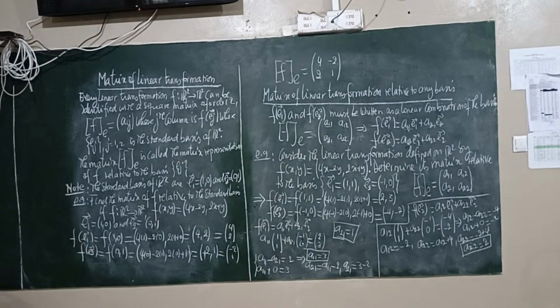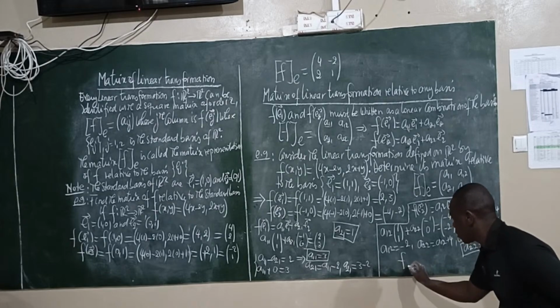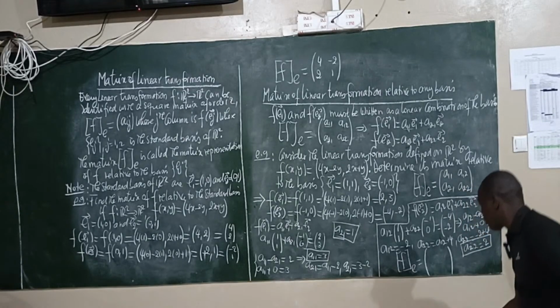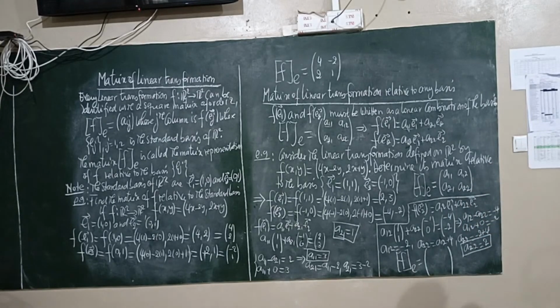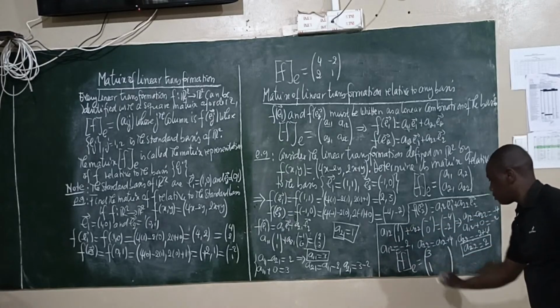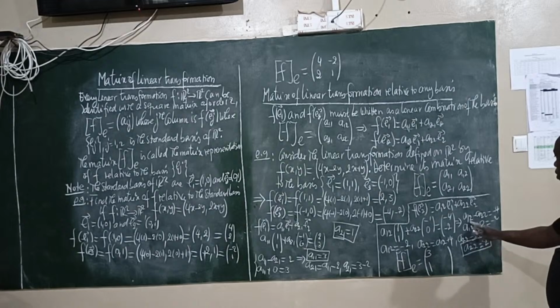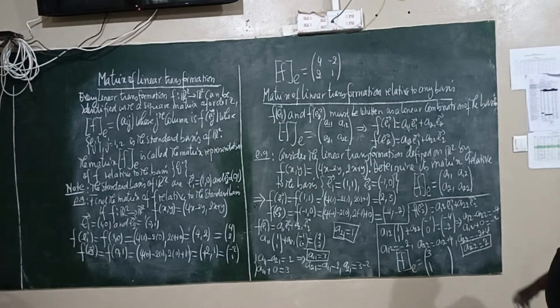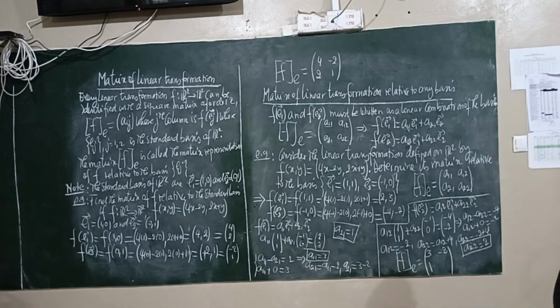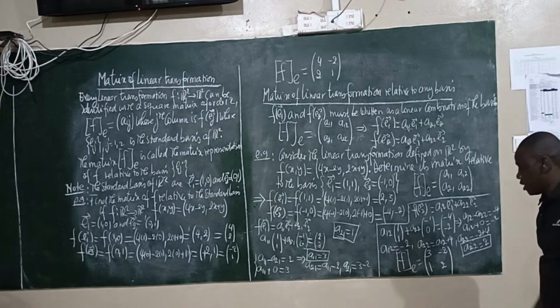Okay. The matrix representation of F relative to the basis will be given by our A11, which is 3, our A21, which is 1, our A12, which was found as minus 2, and A22, which is 2.